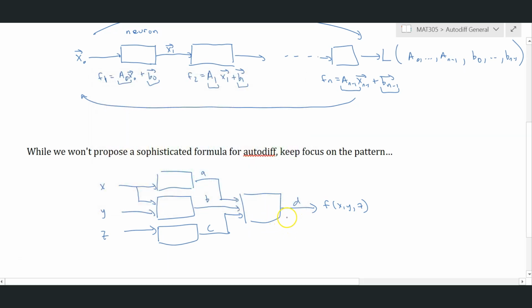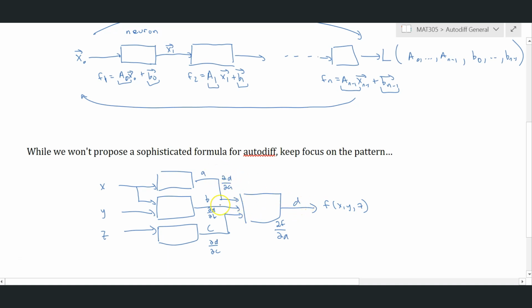Of course, over here we'll have df/dd, and following the chain backwards, we'll have the derivative of D with respect to A, and the derivative of D with respect to B, and the derivative of D with respect to C. Notice that I'm not actually giving functions here. I'm not stating what they are, because we're not calculating anything here.